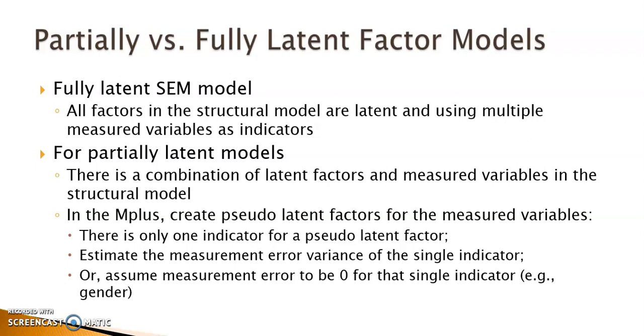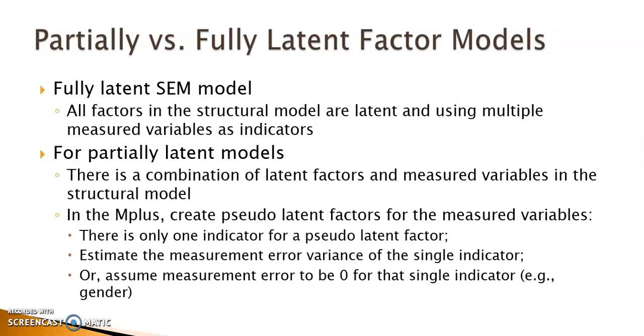Another topic is about partially latent SEM models. The two studies we have seen so far are both fully latent SEM models because all factors in the structural models are latent and measured by multiple variables as indicators. In partially latent models, there is a combination of latent factors and measured variables in the structural relationships.